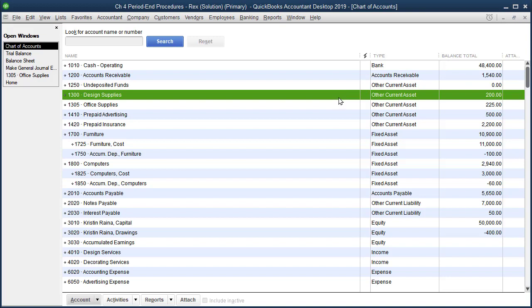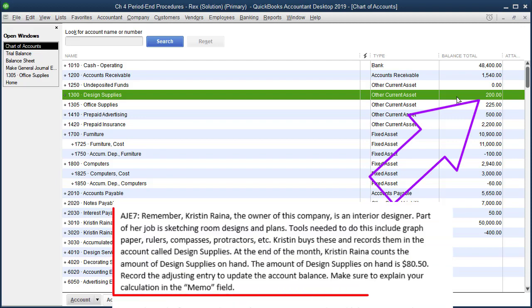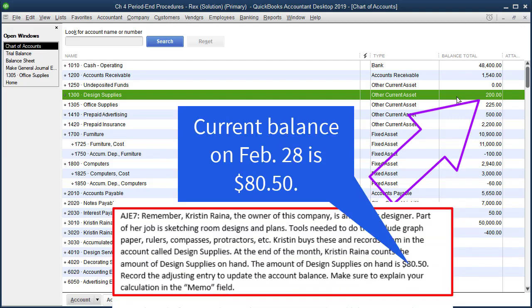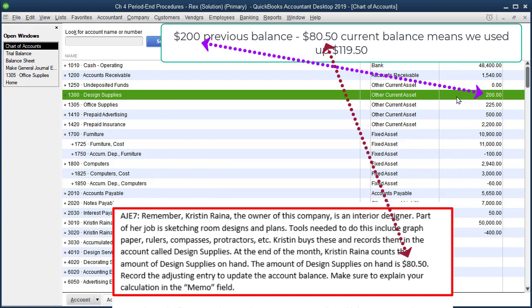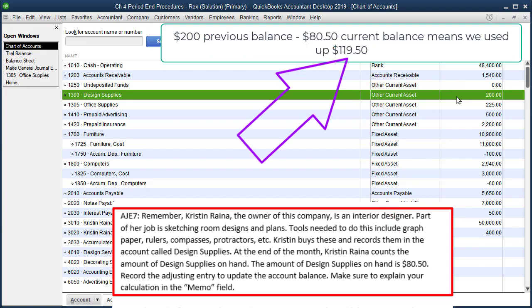So we have to calculate how many design supplies did we use up? So notice we had a balance of 200, but when this owner went and counted, she only found $80.50 were left. So we have to figure out the difference. $200 subtract 80.5 gives us, so we've used up $119.50.